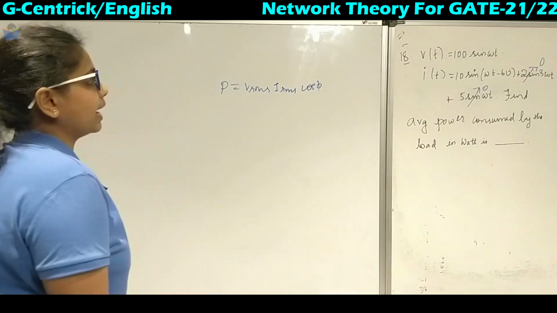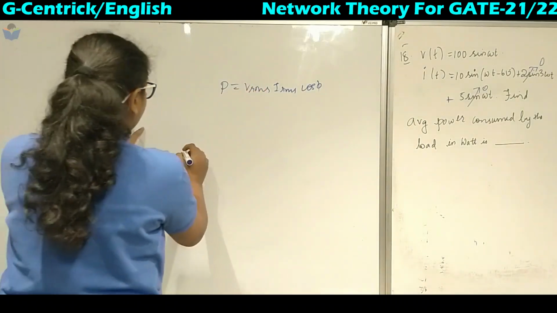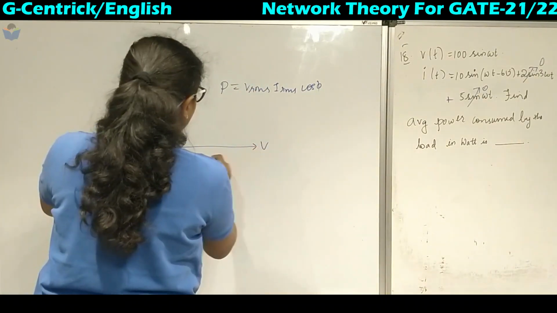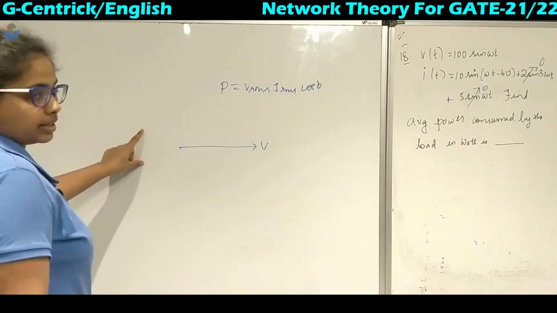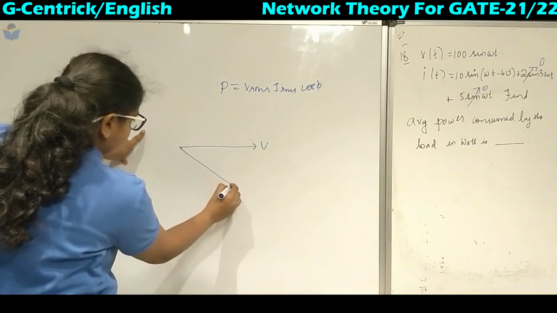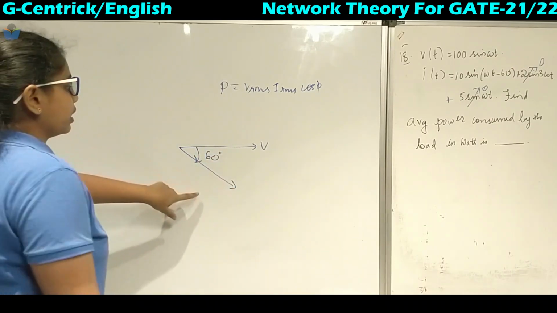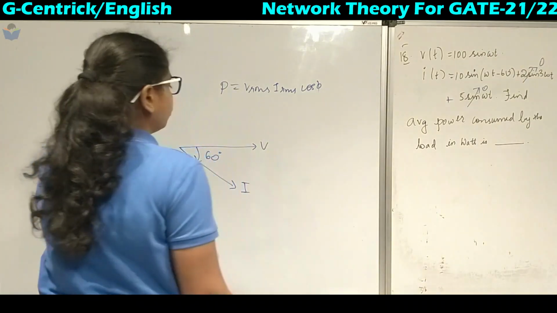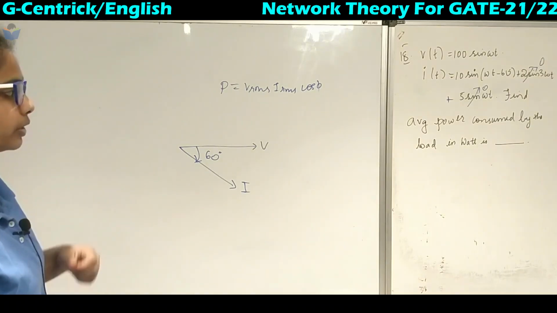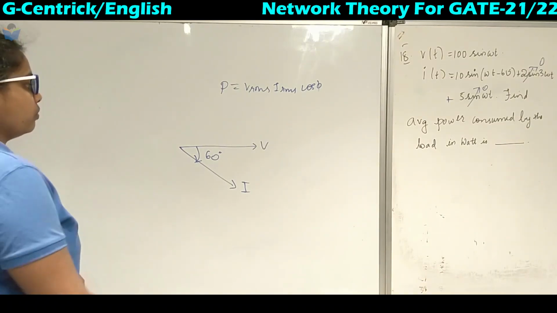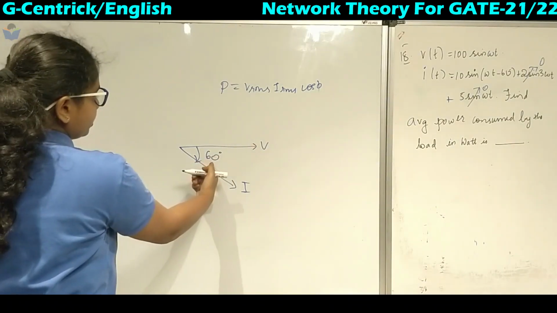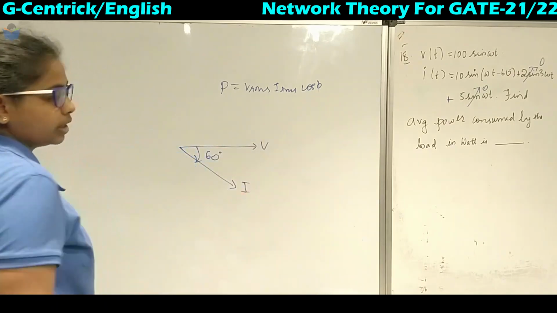Now what is the angle? Taking V as the reference, it is minus 60 degree, so the current is lagging the voltage. So it is basically an inductive network. Now we have 60 as the phi angle between voltage and current.